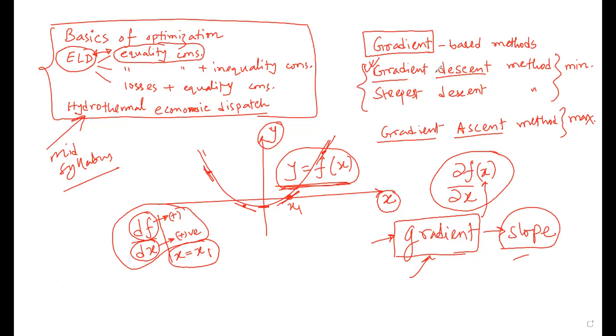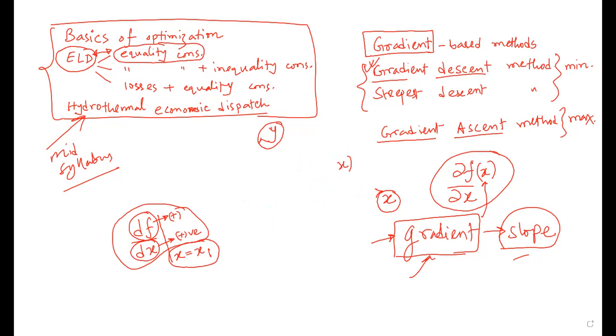So when I say I am calculating the gradient, let me clear this curve and draw a fresh curve here. So if this is the function f of x, now let's say I want to calculate the gradient here at x2. Quite easily you can see that if I calculate df by dx, it will be some positive value.